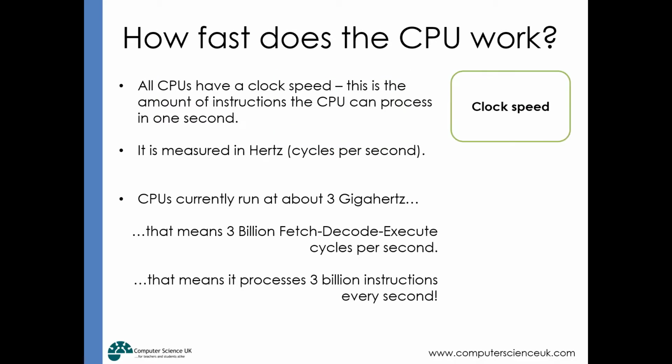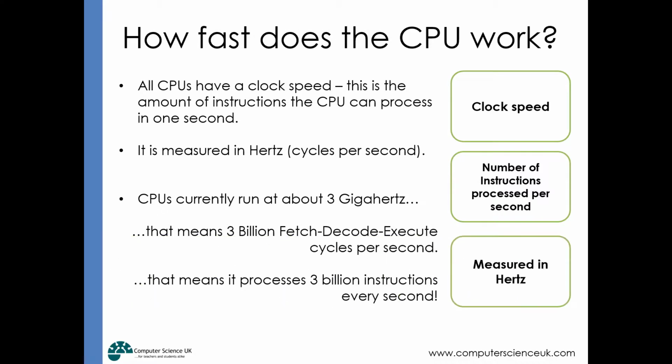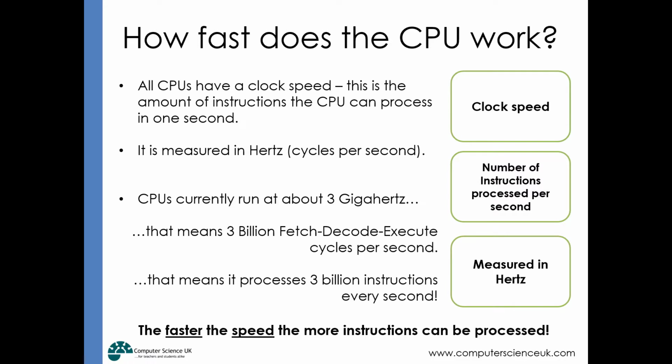So CPUs have a clock speed. It's the number of instructions processed per second, and it's measured in hertz. The faster the speed, the more instructions can be processed.